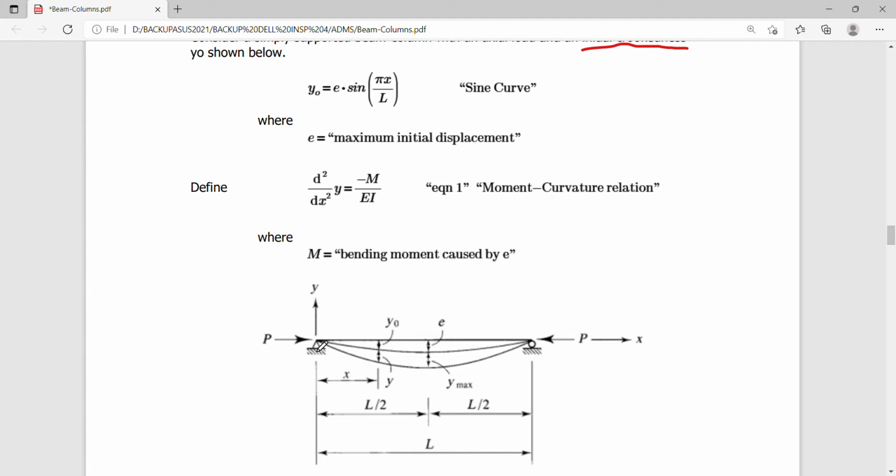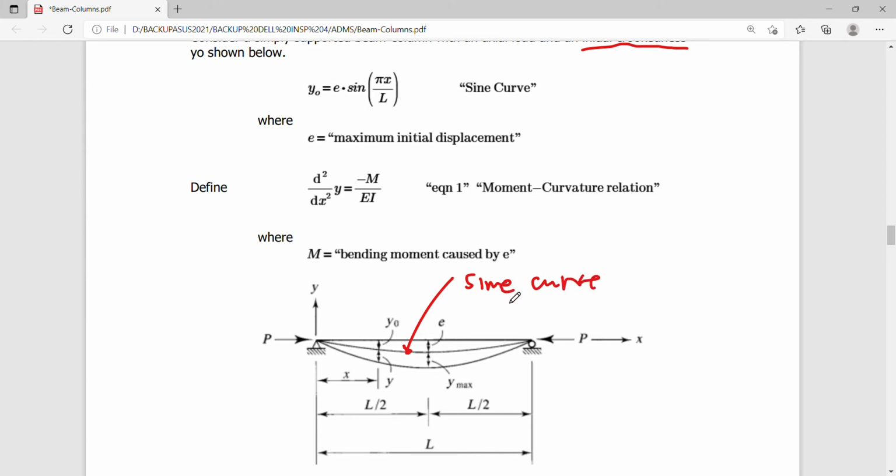So Y0 in this regard can actually be considered as an initial sine function. So this is a sine curve, no? This graph here initially will form a sine curve.